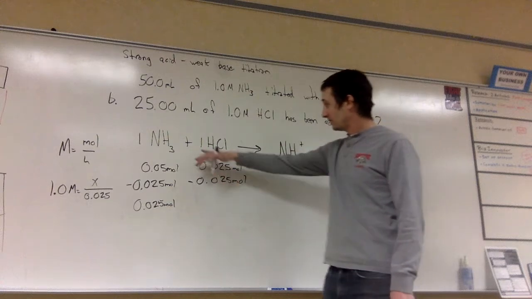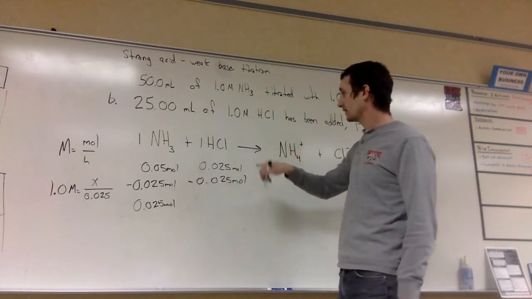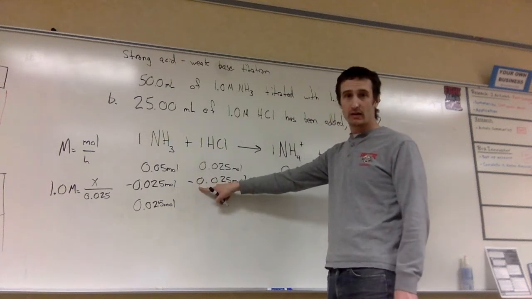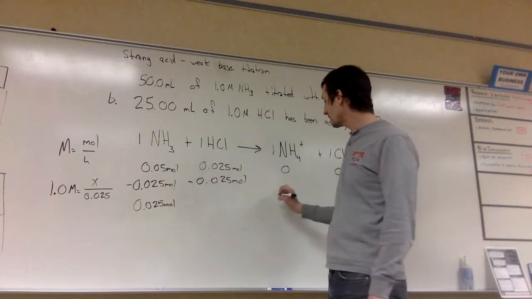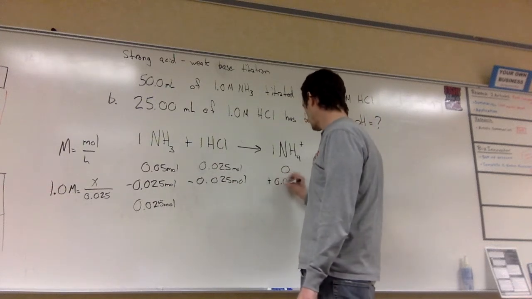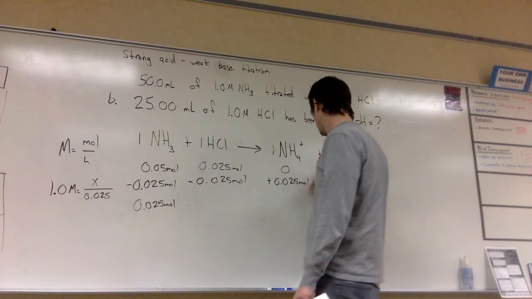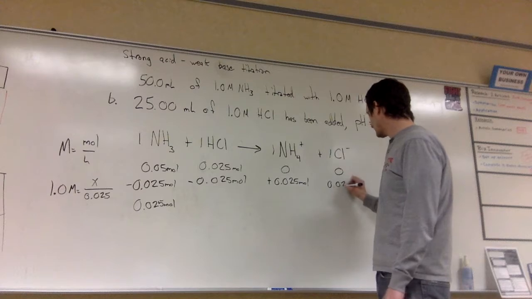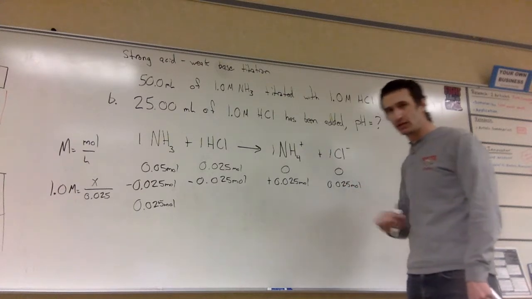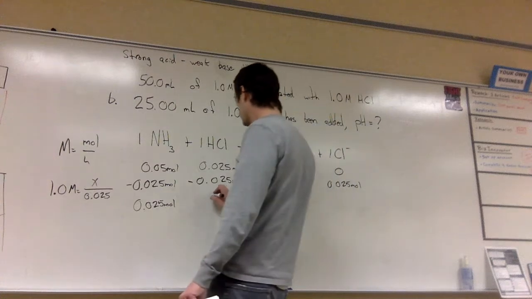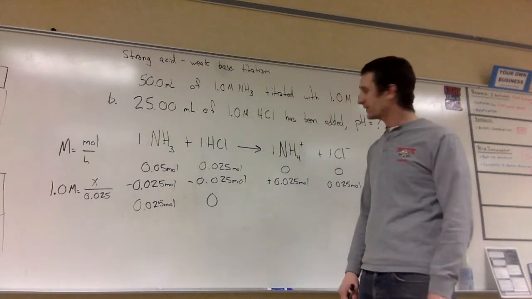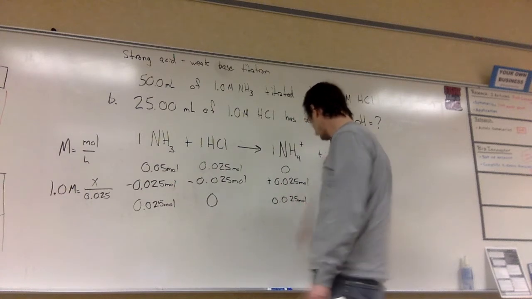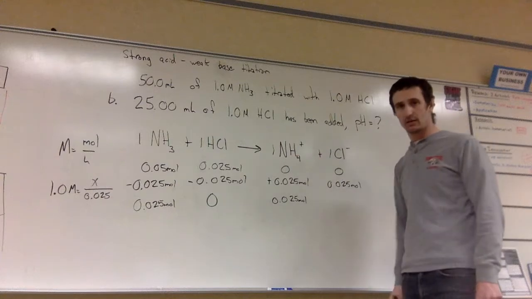Also, the amount of product is in a 1-to-1 ratio. So if we use up 0.025 moles of HCl, we're going to produce 0.025 moles of NH4. We don't really care about the chloride ion, it's a spectator, but we'd make the same amount. So here we've got no HCl left, and we've made 0.025 moles of the NH4.